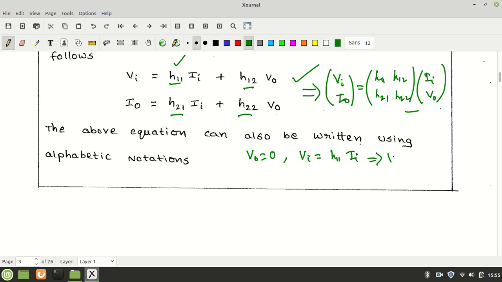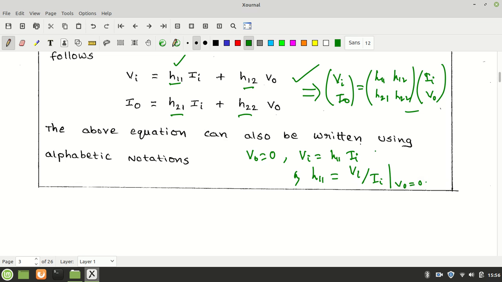So H11 can be written as VI by II when you have put VO equal to 0.